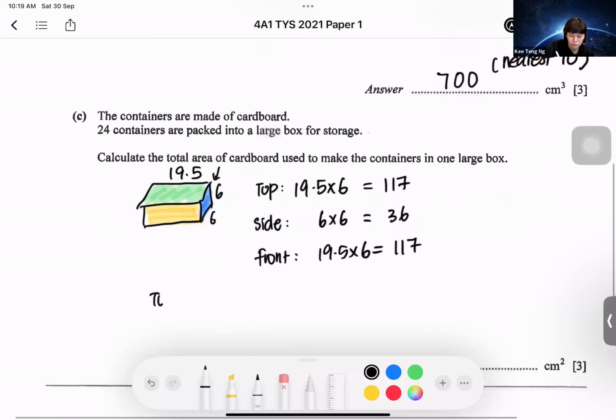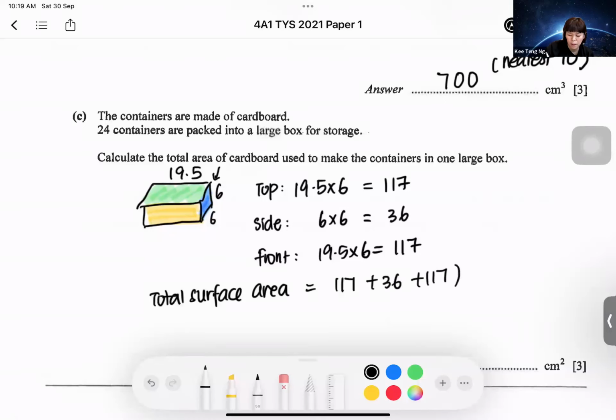So the total surface area for one container will be 117 plus 36 plus 117, everything multiplied by 2 because we have front and back, top and bottom, left and right side. So everything will be times 2. So 117 plus 36, and for one container, the area will be 540 cm square, right?